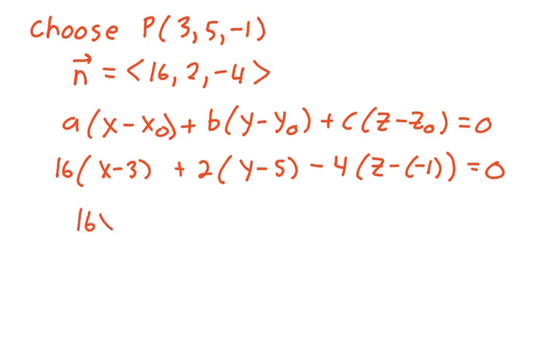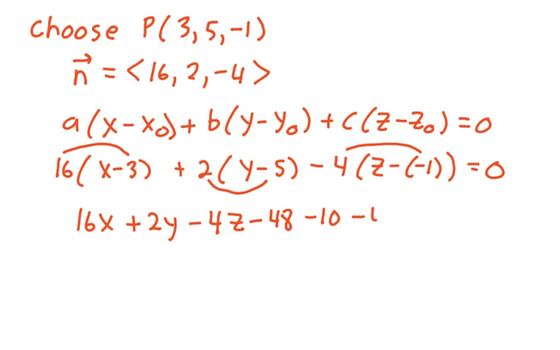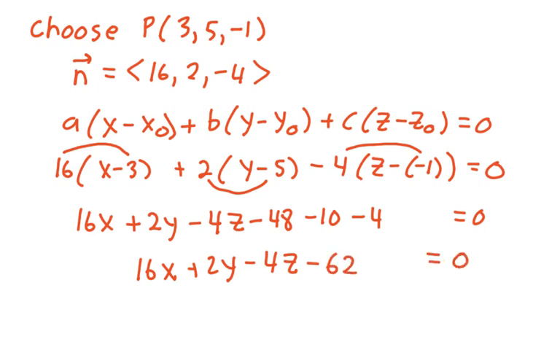So when we do a little algebra, we get 16x plus 2y minus 4z. And we're going to take 16 times negative 3, which is minus 48, minus 10, minus 4 equals 0. So 16x plus 2y minus 4z, and I believe that's minus 62 equals 0.